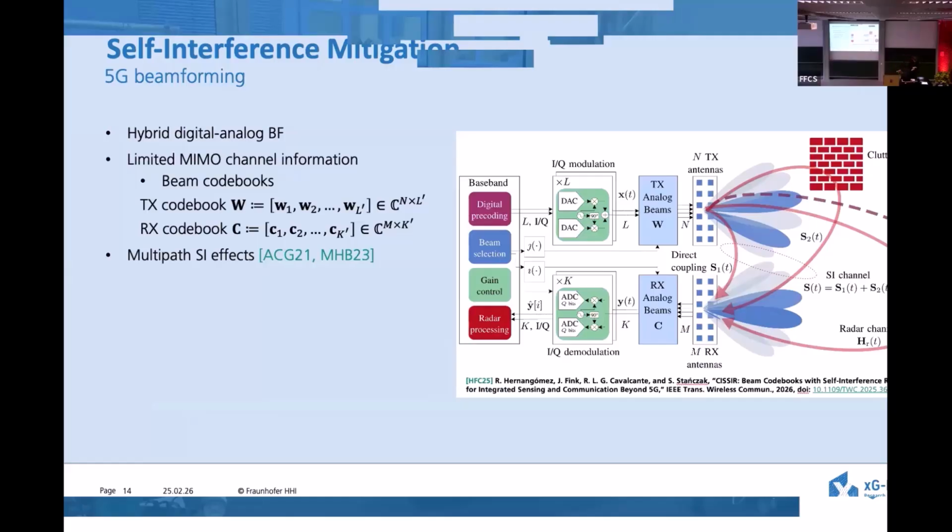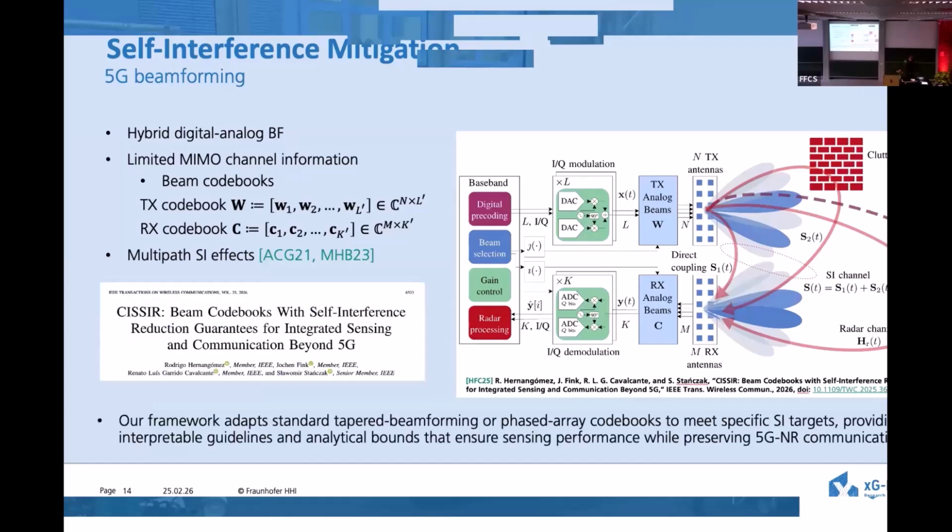Anyway, there is a paper on this where we use our framework to adapt the theory I presented on the previous slide to tapered beamforming of phased array codebooks to meet specific SIR targets.